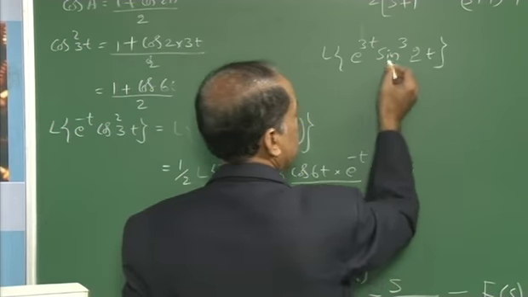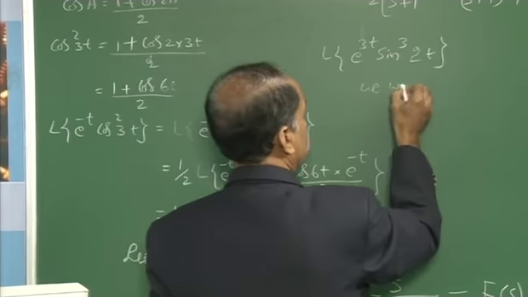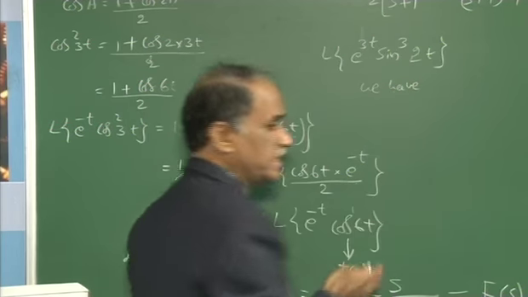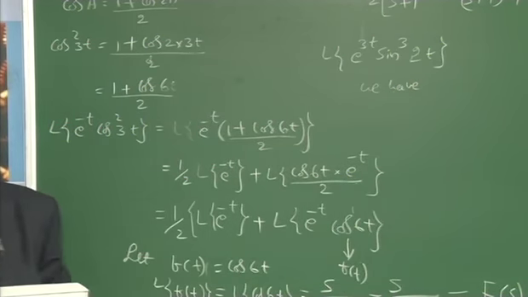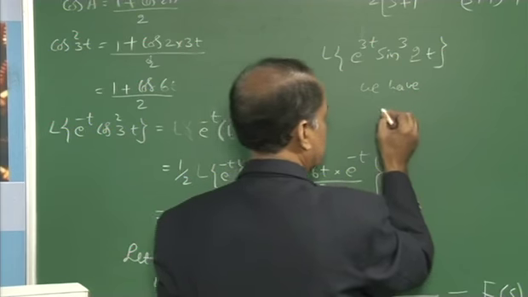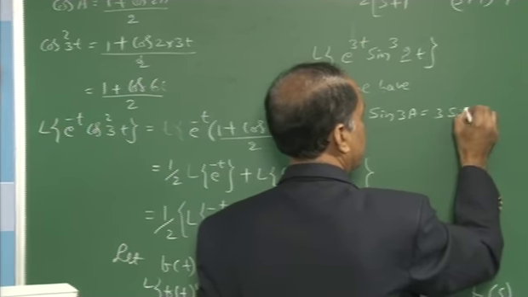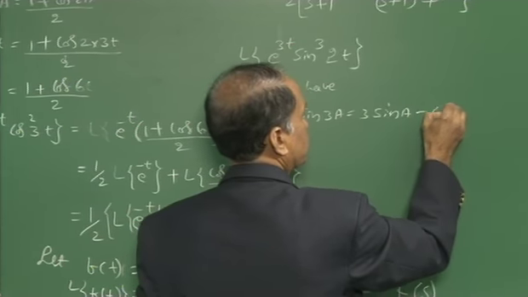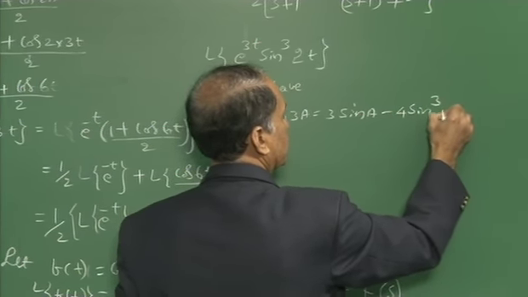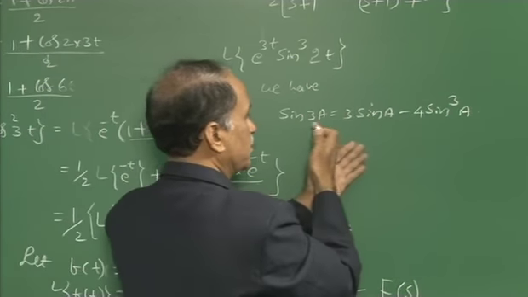What is sine cube 2t in terms of first degree, we can explain. You have studied the basic formula even from 12th standard, the trigonometric functions and the relations between trigonometric functions. That relation goes like this: sine 3a is equal to 3 sine a minus 4 sine cube a. We want sine cube a to be separated, so you can interchange this.